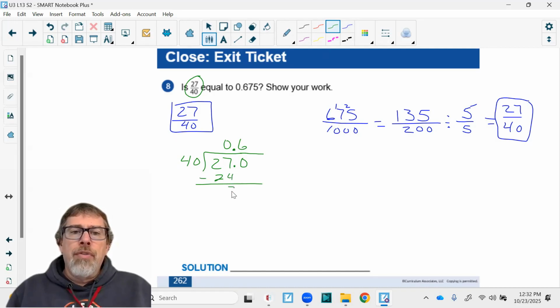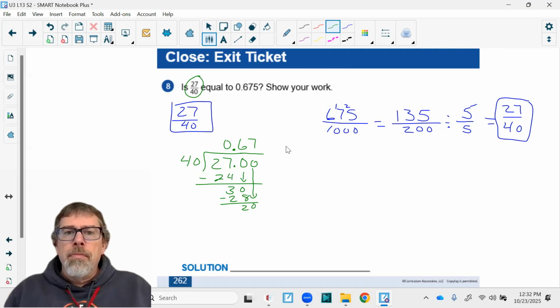Subtract. 27 minus 24 is 3. Bring down this 0, 30. 4 goes into 30 7 times. That's 28. Subtract and get a 2. Bring down this 0. 40 will not go into 20. So I bring down another 0. And 40 goes into 200 5 times.